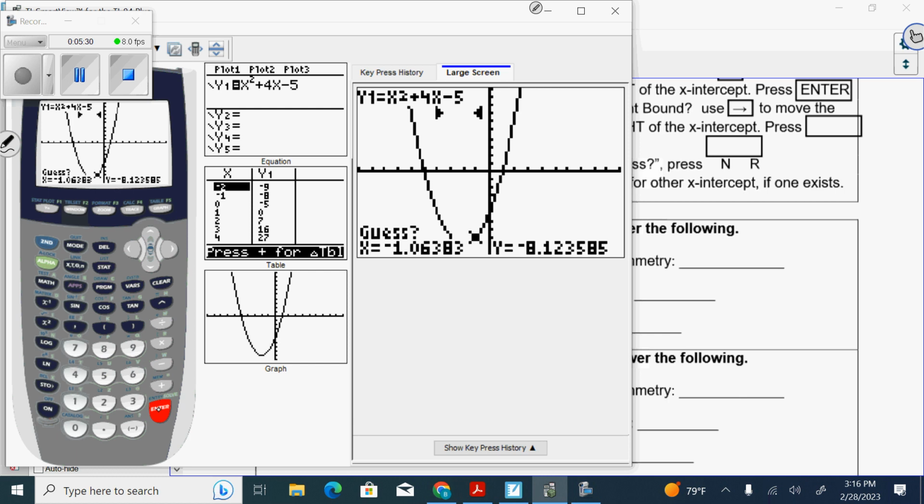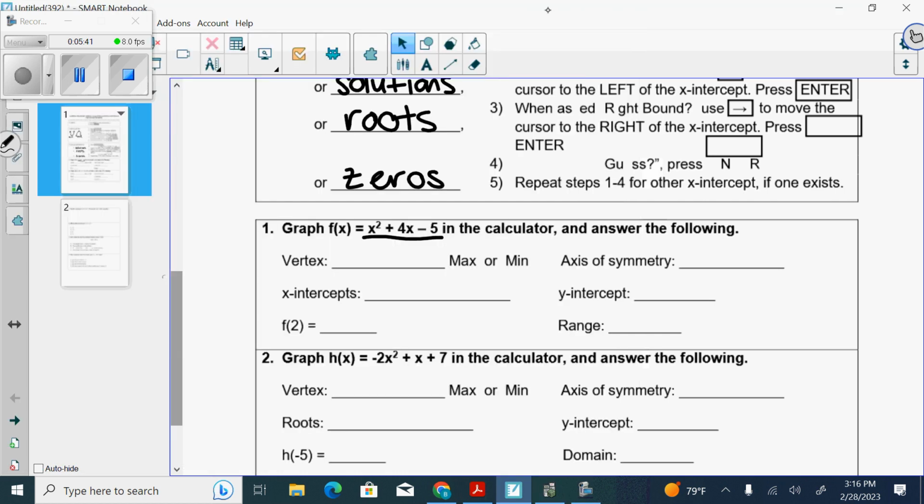Okay. And then for your y, negative 9. 1.99999 is going to round to 2, right? Okay, good. All right, so for my vertex, we're rounding to the nearest numbers. We got -2 and -9. And like you guys said, that was a minimum.